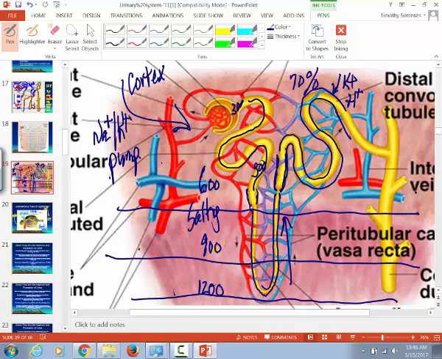Okay, so watch. This is really important. In the distal convoluted tubules, this is where hormones have a profound effect. And the hormones that affect the distal convoluted tubules are, number one, aldosterone.